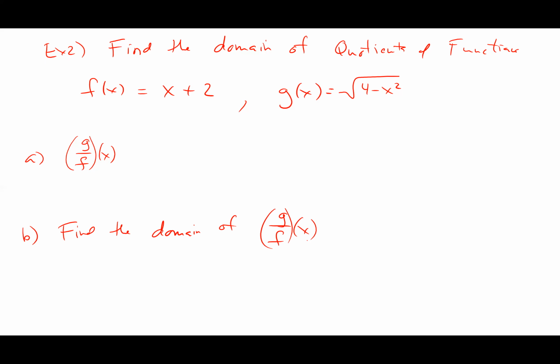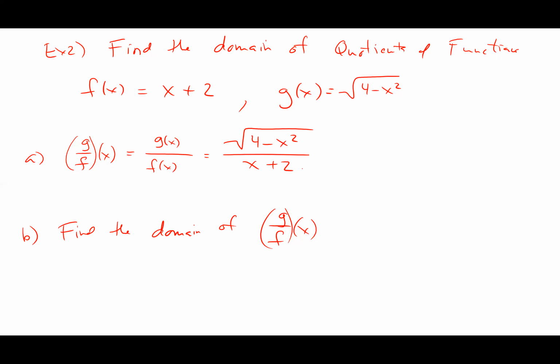All right, so let's go with it. This means that the g function goes on top, the f function goes on the bottom, and the g function is the square root of 4 minus x squared. That's cool. The bottom function is x plus 2.